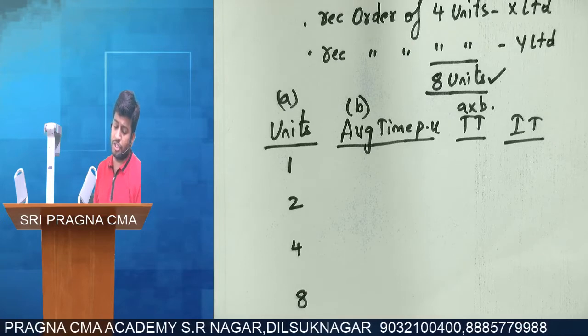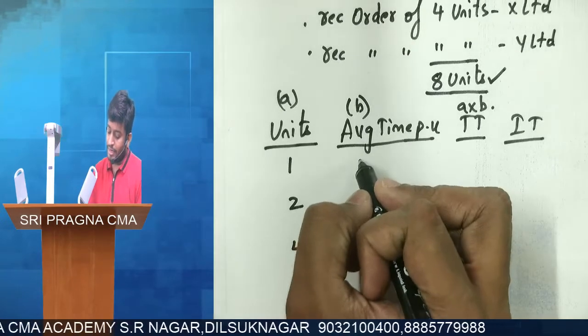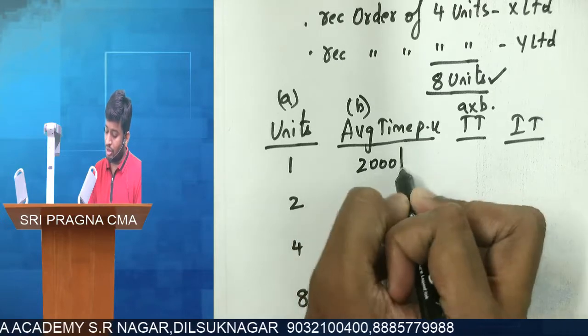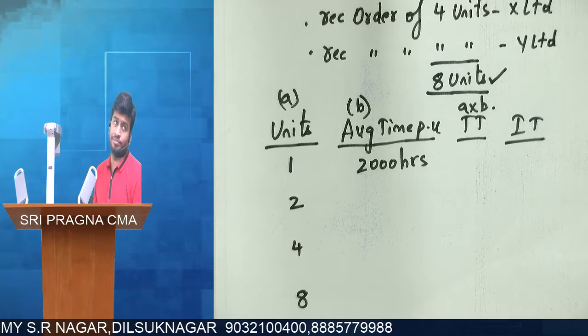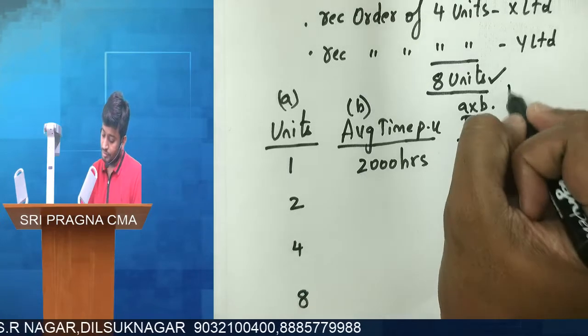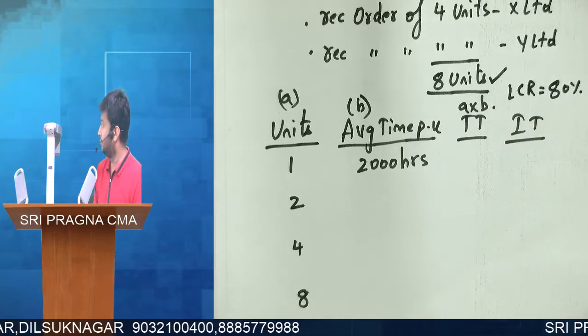Time taken for the first unit is 2000 hours. What is the learning curve ratio? LCR is 80%.